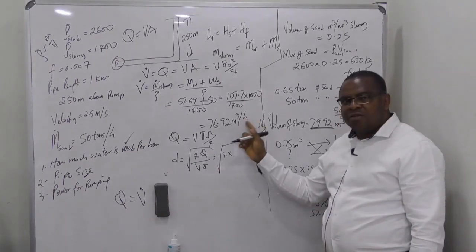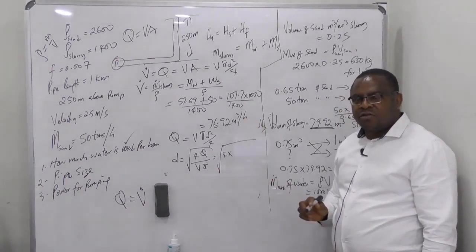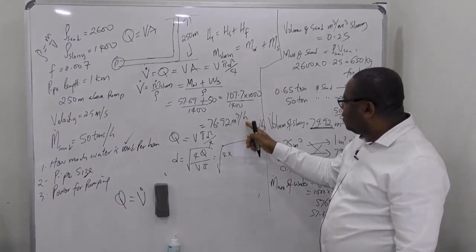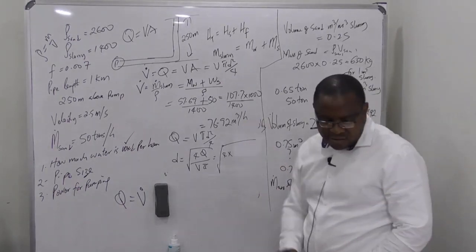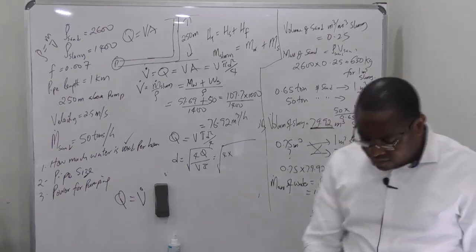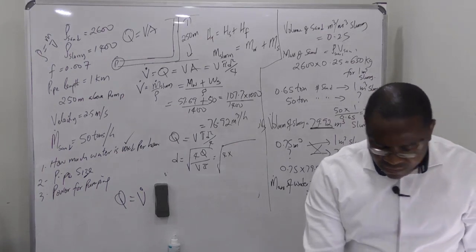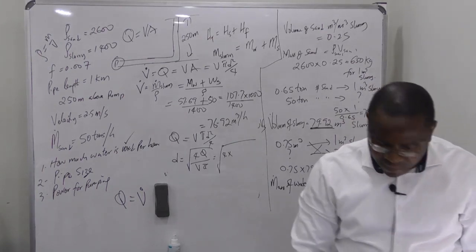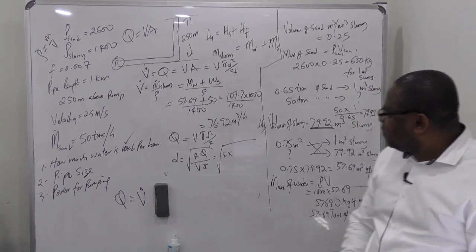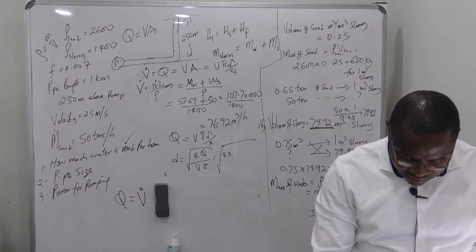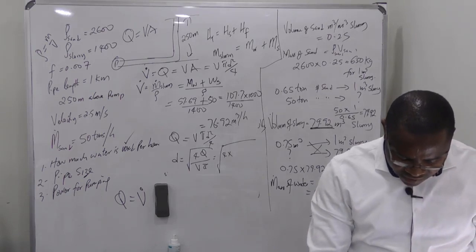Before we put it here, because this is going to be in meters with SI units, you must make sure that you convert this to per second, just by dividing by 3600, that is 60 by 60. So 76.92, divide by 60, divide by 60 again.